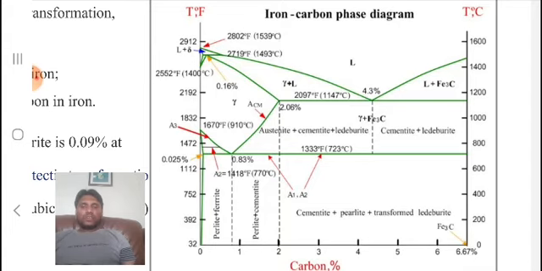So all alloys containing more than 2% carbon completely solidify at 1130 degrees centigrade, from the eutectic line.